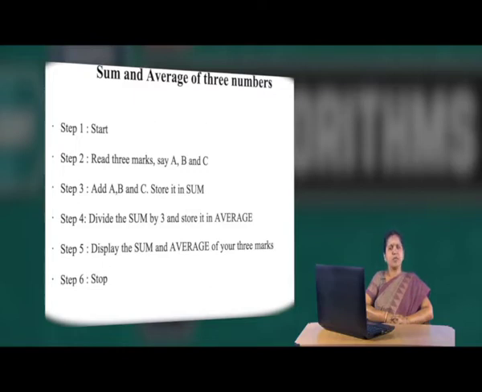In the fourth step, divide the sum by 3 to find the average and store it in a variable avg. Then we display the sum and average as results in the fifth step. Finally, we stop the algorithm.